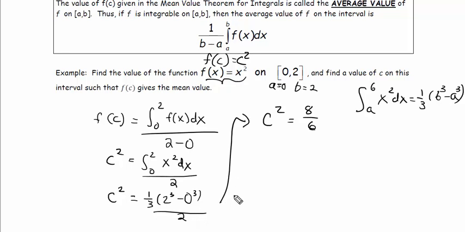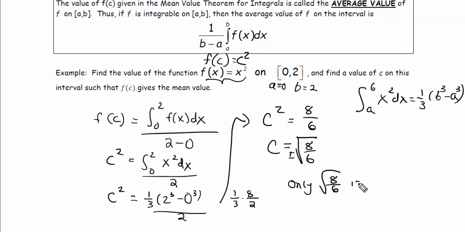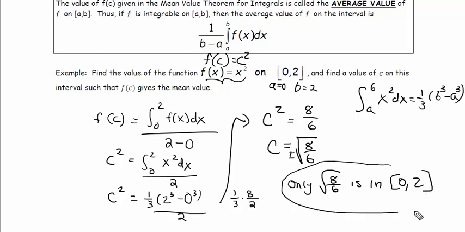I think that you can see that though. 1/3, 2 to the third is 8. And then that's over 2. And then 1 times 8 is 8. 3 times 2 is 6. Take the square root. C is equal to the square root of 8 over 6. And it is plus or minus, but only the positive square root is in the closed interval 0 to 2. So that is our only solution here.